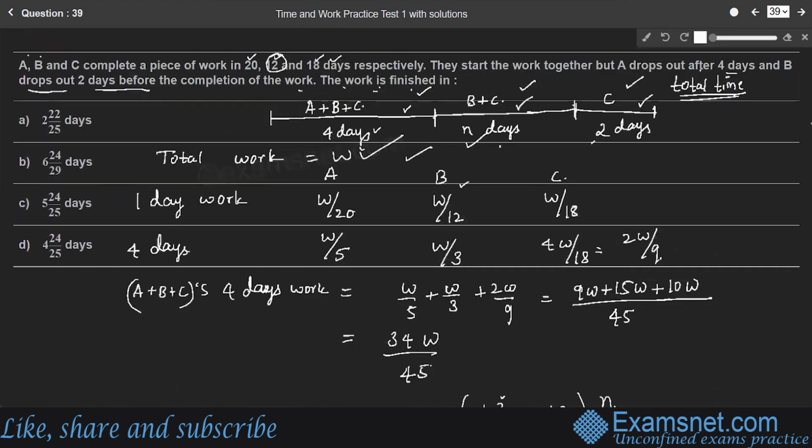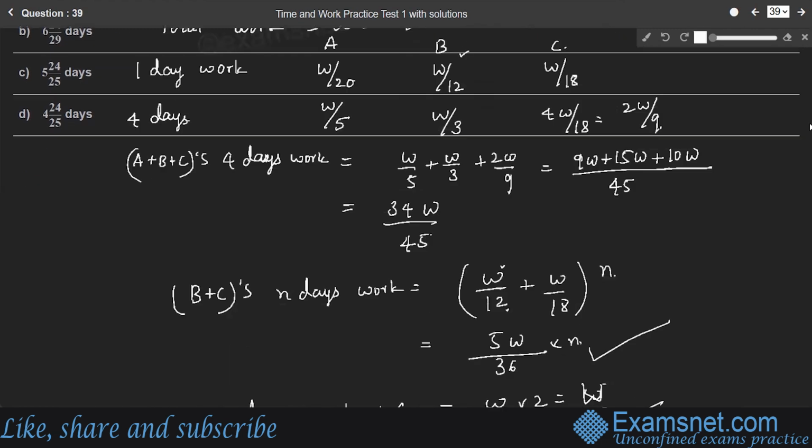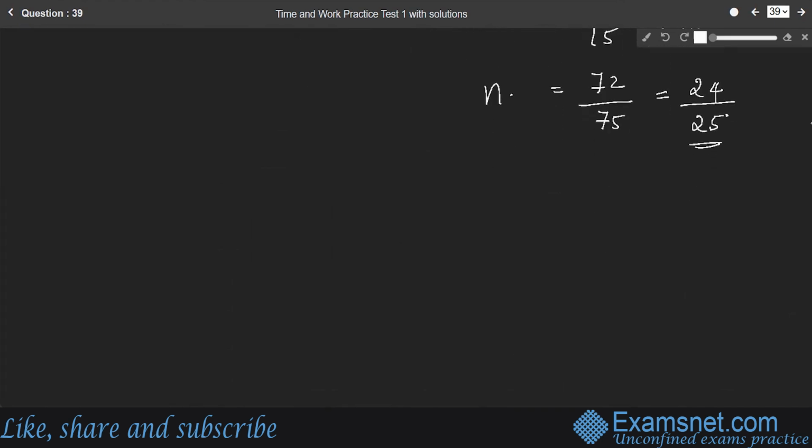So here, the total work is finished in... what is the total time? 4 days plus 2 days plus n days. So total time is 4 days plus 2 days plus n days. So 6 plus n is 24 by 25.